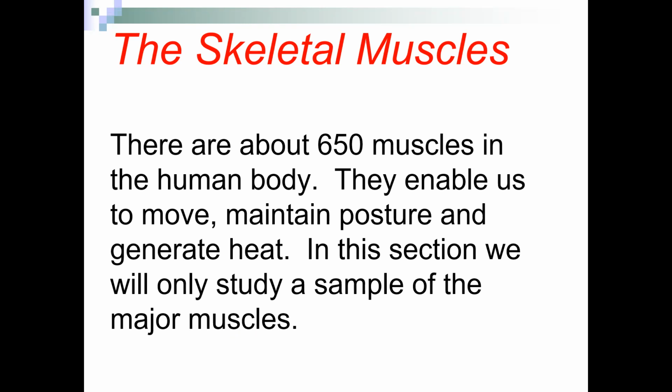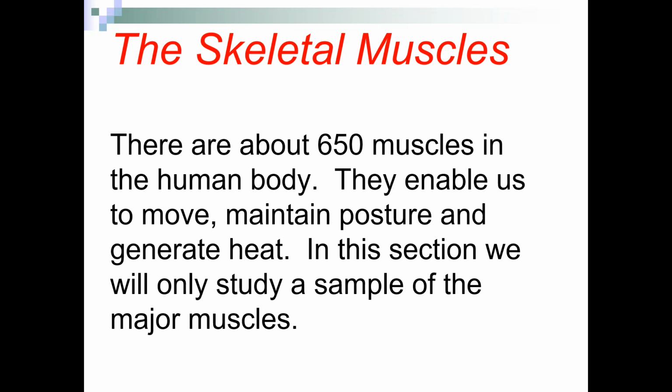Now, overall, there are about 650 muscles in the human body. Some people are born with more muscles than others. I think I mentioned to you that, for example, some people are born with a muscle, the name escapes me at the moment, that allows them to wiggle their ears, right?